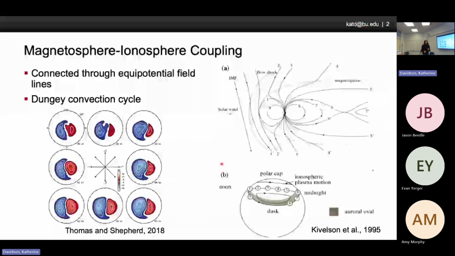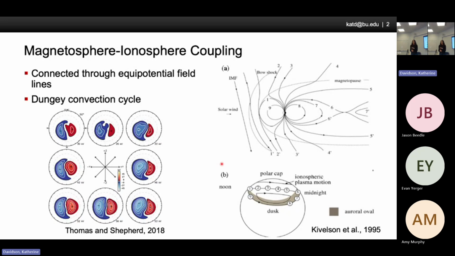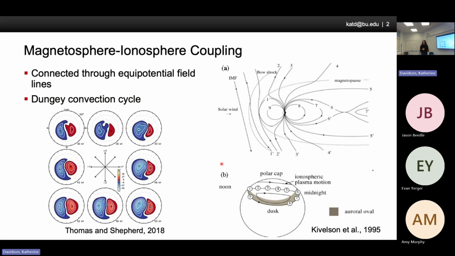So first, just to introduce magnetosphere-ionosphere coupling, this is the connection between the magnetosphere and the ionosphere through equipotential field lines from Earth's magnetic field. And the most famous example is the Dungey convection cycle.